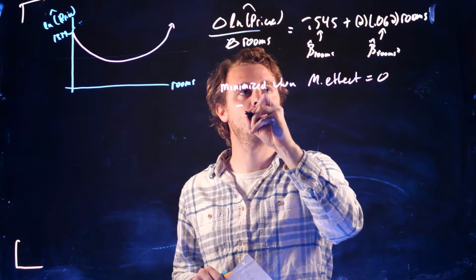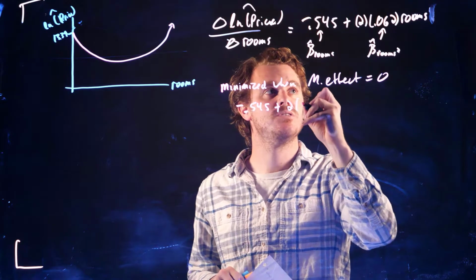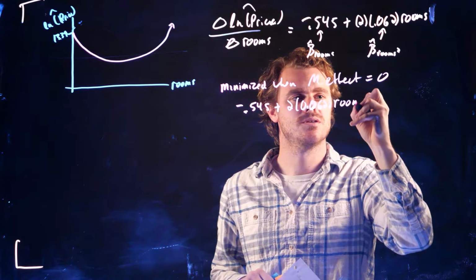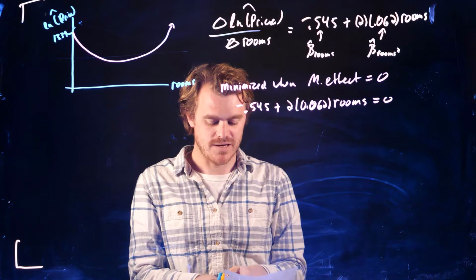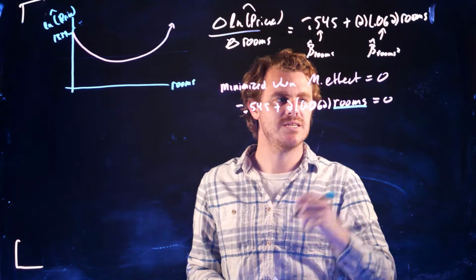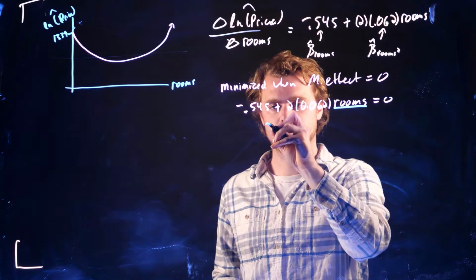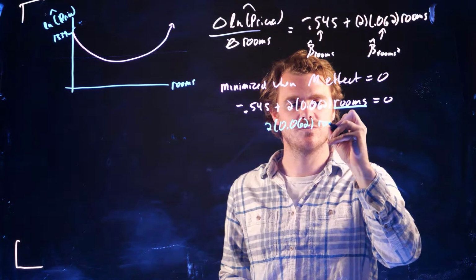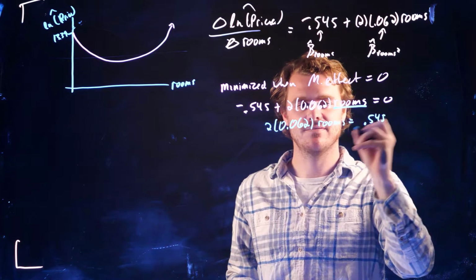So if we figure out negative 0.545 plus 2 times 0.062 times rooms, we want to figure out where that equals 0. We're solving for rooms here, so we just need to rearrange that. We can move it so that 2 times 0.062 times rooms equals 0.545.